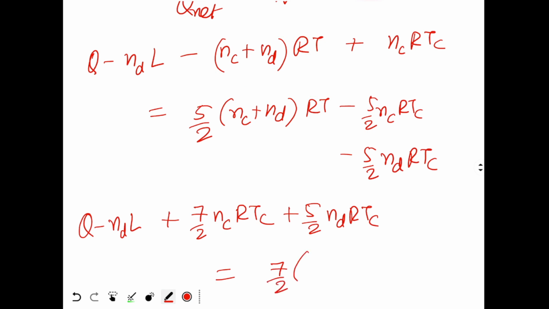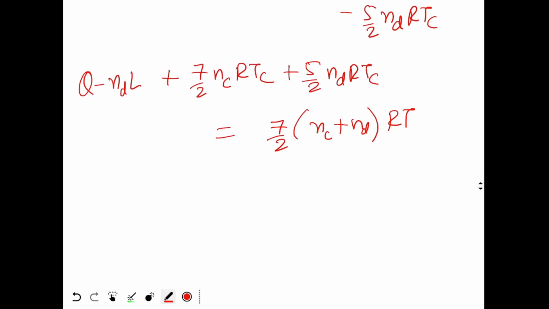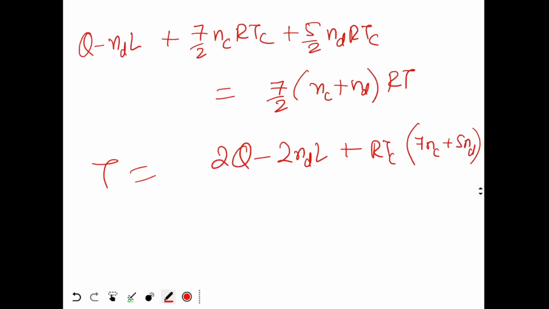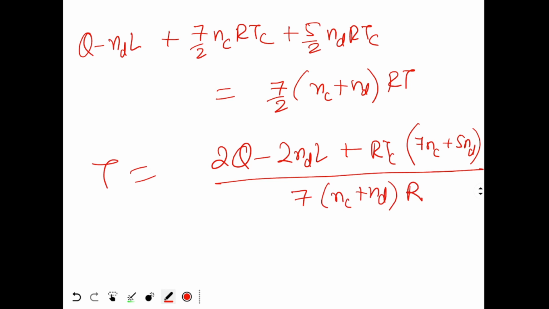So that gives us 7 by 2 (NC plus ND) RT. So rearrange this equation and you will get temperature T is equal to 2Q minus 2 ND L plus R Tc (7 NC plus 5 ND) divided by 7 times (NC plus ND) times R. Okay. So this is the final temperature.